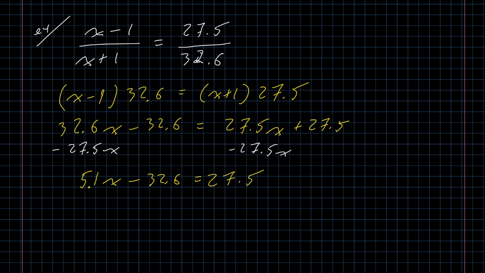Add 32.6 to both sides of the equation, and I get that 5.1x is equal to 60.1. Divide by 5.1 to get x by itself. I get a really hideous number, 11.78, etc. But I only have two significant digits there, so rounding to two significant digits, I get that x is 12.